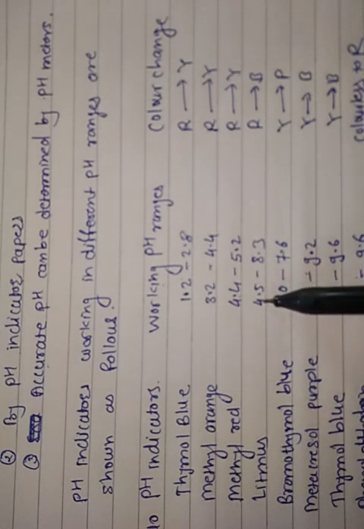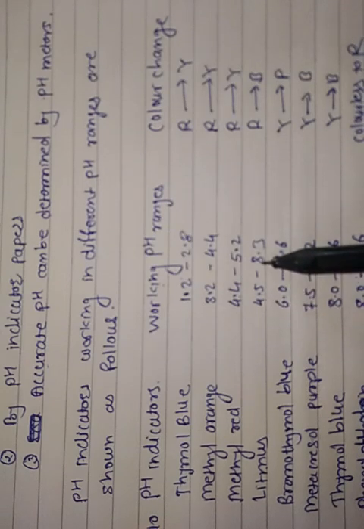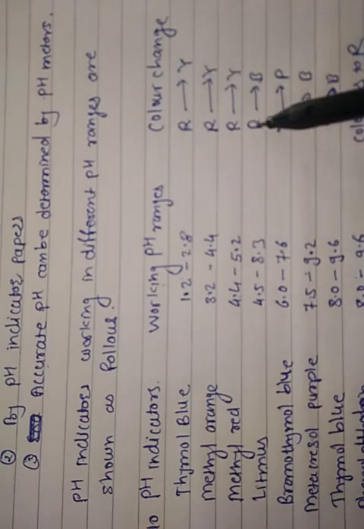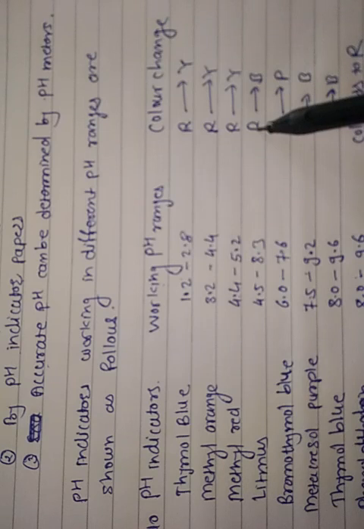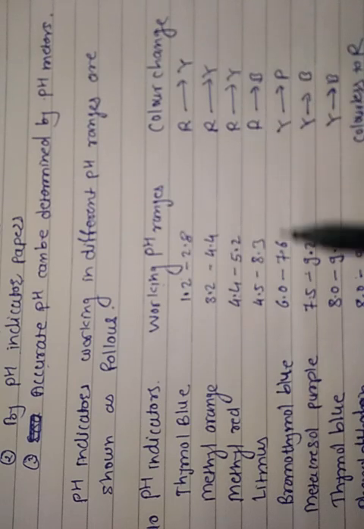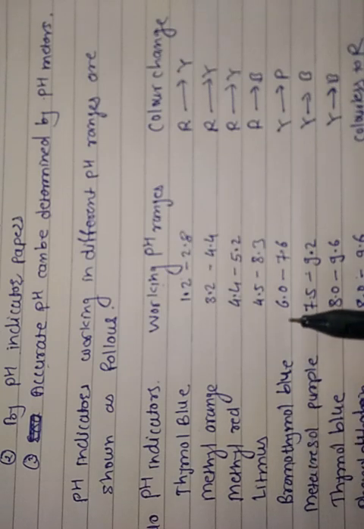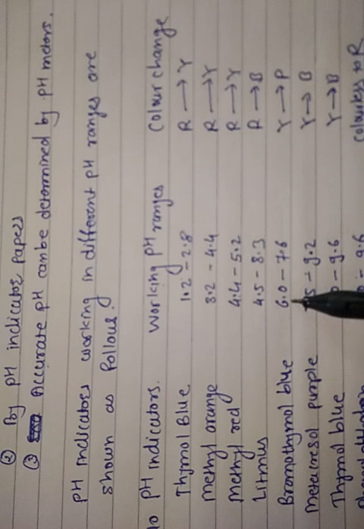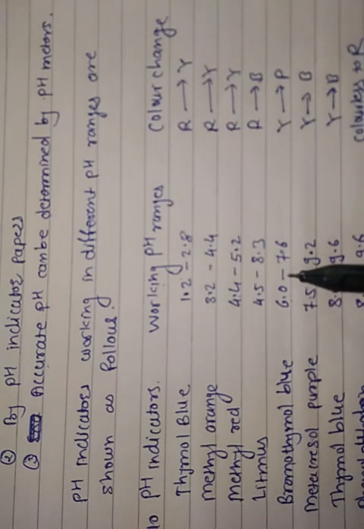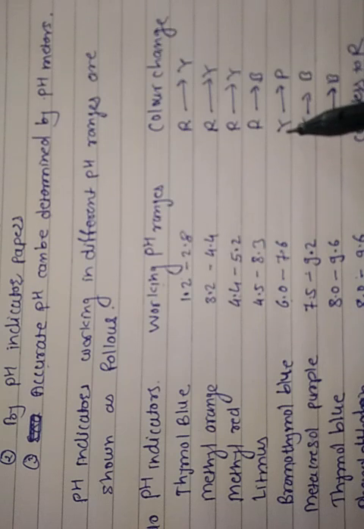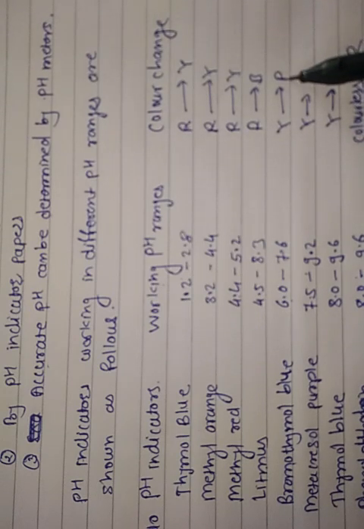Working range is 4.5 to 8.3 and color changes from red to blue. Bromothymol blue is another pH indicator. The working pH range is 6.0 to 7.6 and color changes from yellow to purple. P stands for purple.